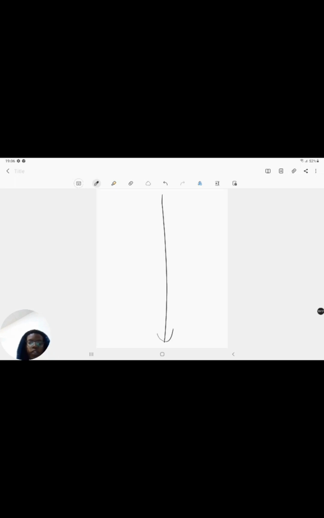So let's say, for example, you've got an equation y is equal to 7x minus 3. Well, you will be able to tell me immediately what this graph generally looks like, right?